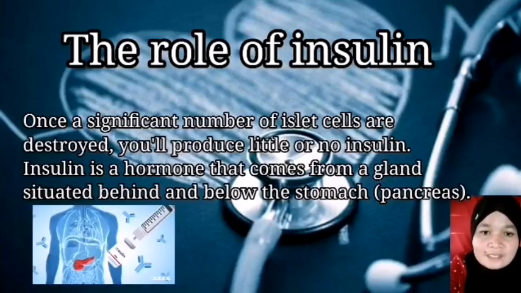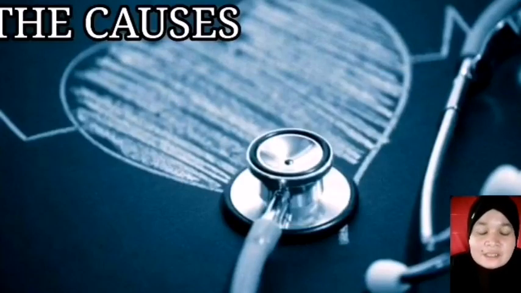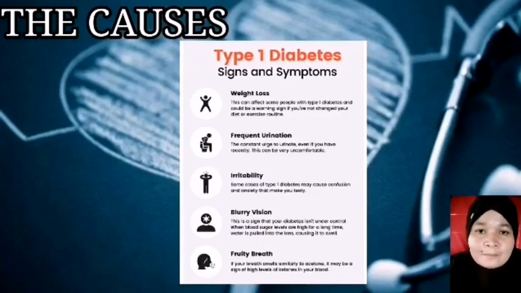Type 1 diabetes signs and symptoms: weight loss, frequent urination, irritability, blurry vision, and fatigue. So the causes. The exact cause of type 1 diabetes is unknown.